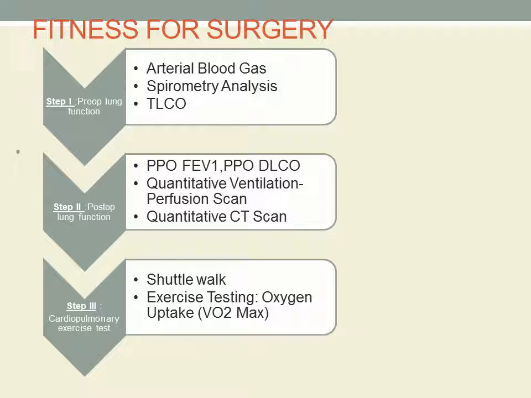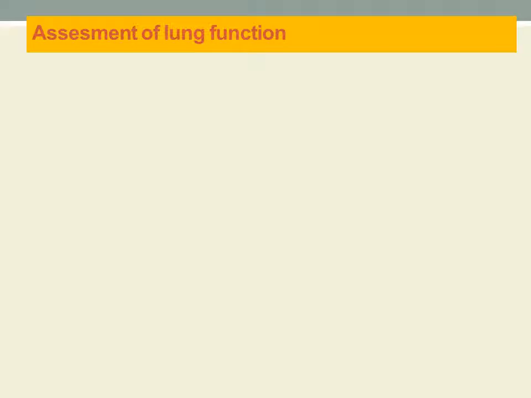So for fitness for surgery, we do arterial blood gases, spirometry analysis and TLCO. The second stage is predicted postoperative FEV1, predicted postoperative DLCO, quantitative ventilation perfusion scan, quantitative CT scan, shuttle walk test, exercise testing, oxygen uptake and VO2.